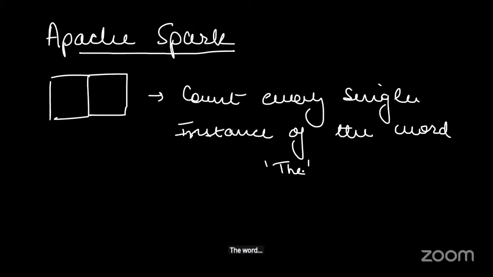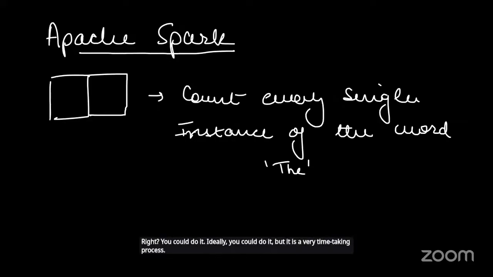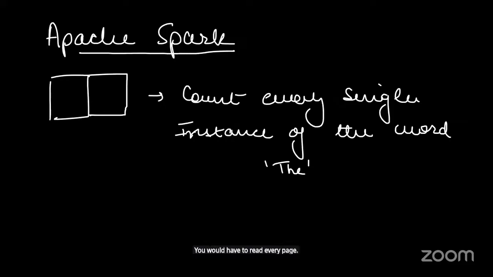How many times the word "the" came in that book? Ideally, you could do it, but it is a very time-taking process. You would have to read every page. You have to go page by page from start to finish. You have to keep a running tally where you keep the current count. And this is how a single computer works.